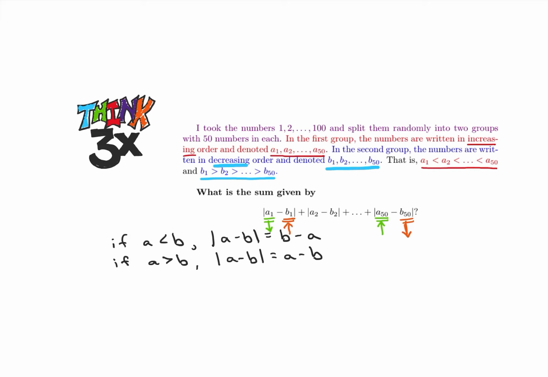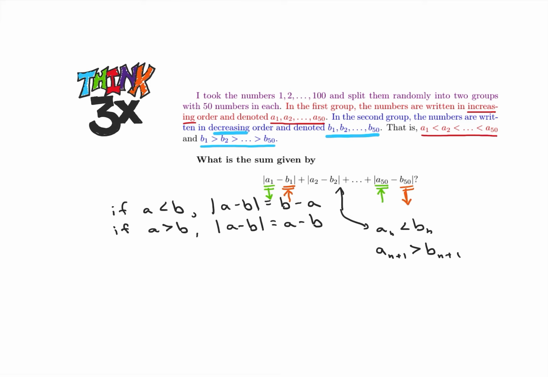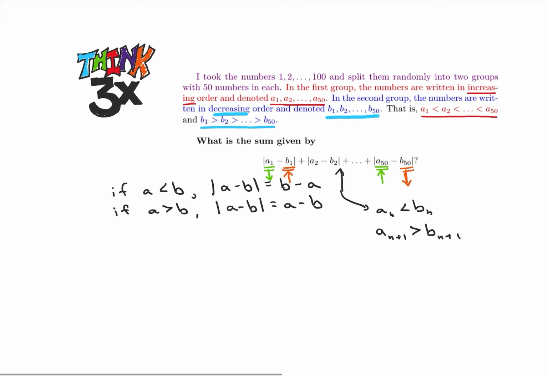So unless the a sub 1 through a sub 50 are all smaller than all of the b sub 1 through b sub 50, there's going to be some point in the middle where a sub n is less than b sub n, but the next number, a sub n plus 1, is bigger than b sub n plus 1. Okay, so that's what I kind of want to think about. I want to think about that transition point between the two.